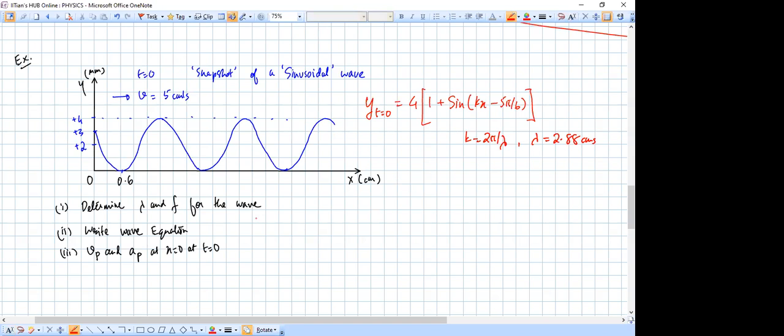So lambda is this, and of course frequency will become v by lambda. So the frequency will become 5 centimeters per second divided by 2.88 centimeters.